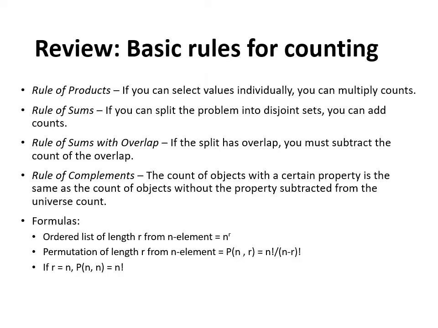Then we also introduced formulas for computing counts of certain structures. So the number of ordered lists of length r chosen from n elements is n to the power of r.